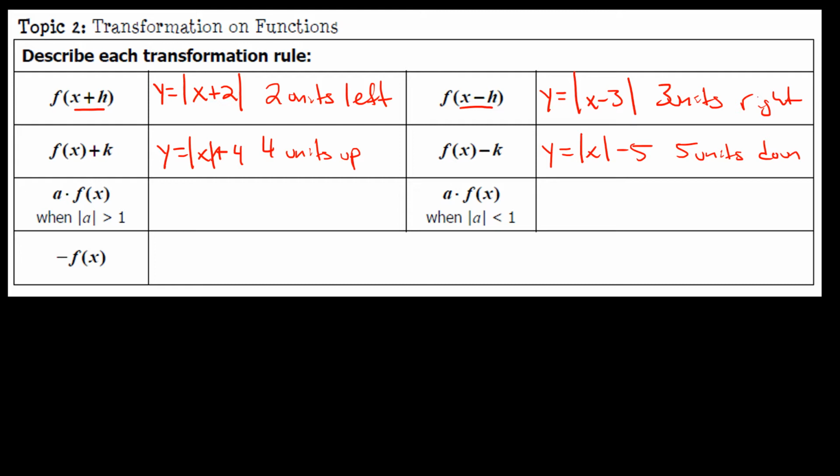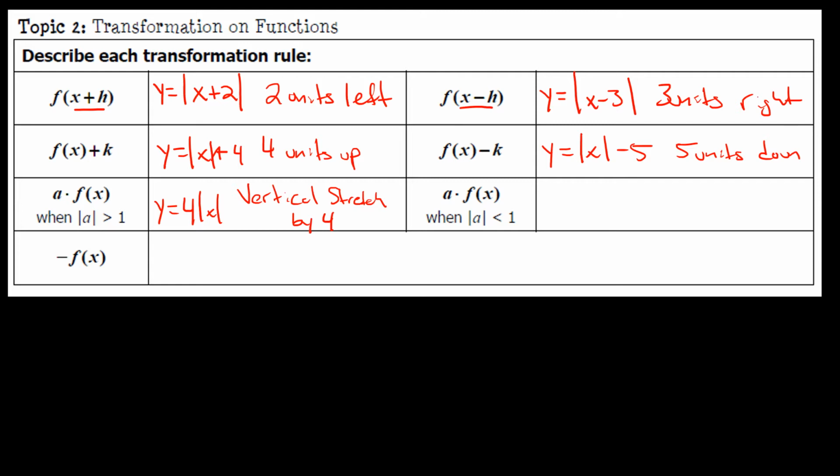When we're talking about dilations, like in the next part, where they're saying numbers that are greater than 1, so like 2, 3, 4, 5, 6, like y equals 4 absolute value of x, then we'd have a vertical stretch by 4.